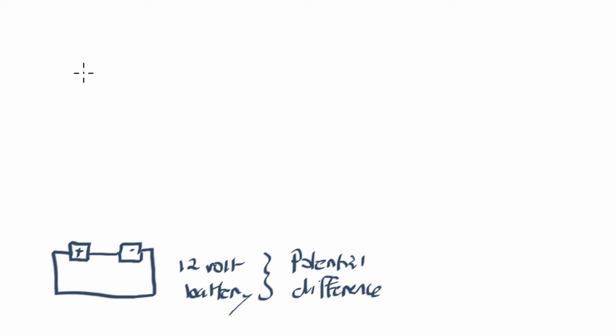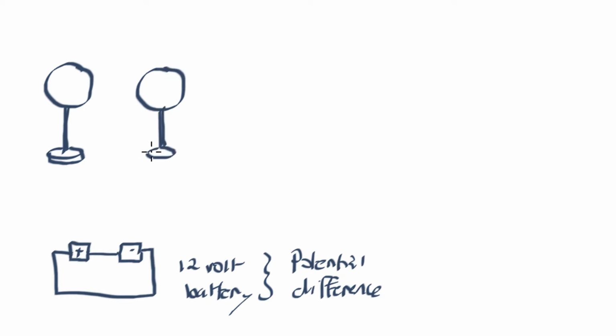Now let's suppose you have a conducting body like a spherical ball, and let's suppose this is put on top of an insulating rod. And let's suppose you have another spherical conducting ball right here on top of another insulating rod.